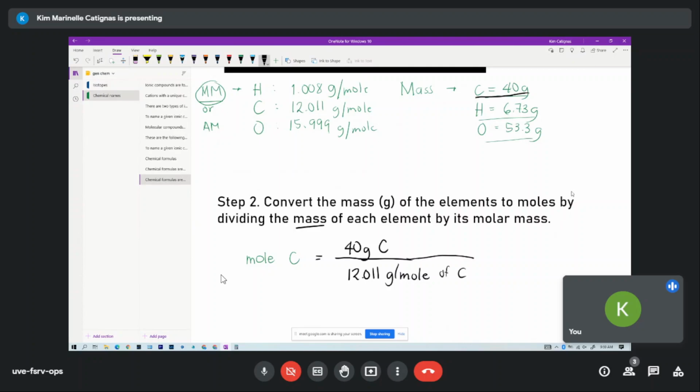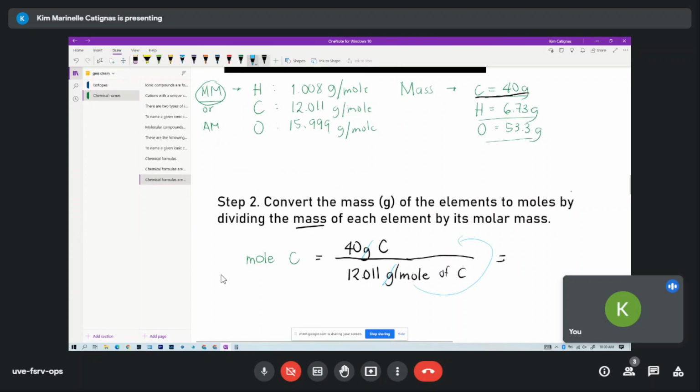Mahalaga yan kasi to indicate na you are looking for the mole ng carbon. Ang mangyayari kasi dyan is maka-cancel out tong grams, kasi meron ka sa numerator, meron ka sa denominator na pwedeng i-divide. And itong si mole, mapapapunta siya sa taas.